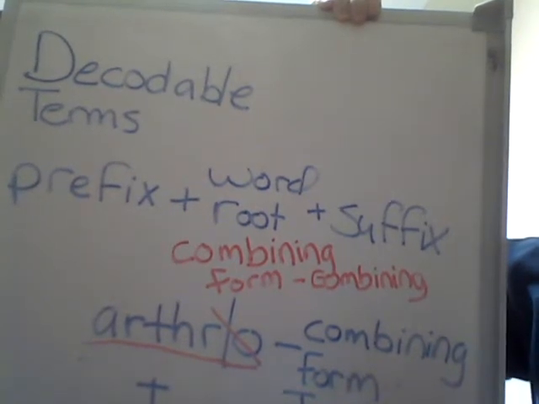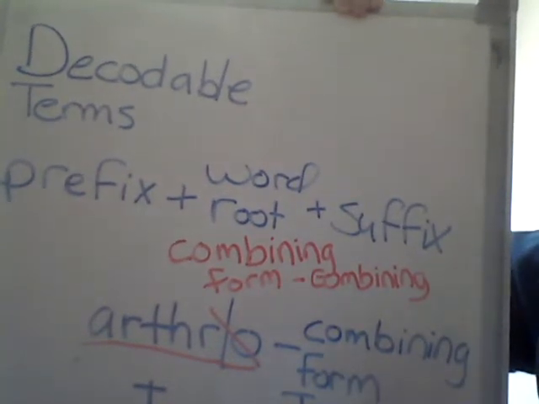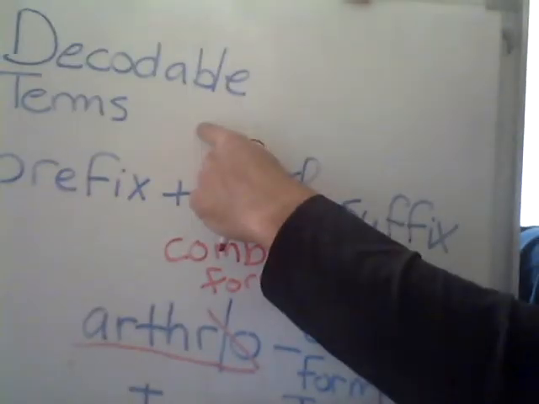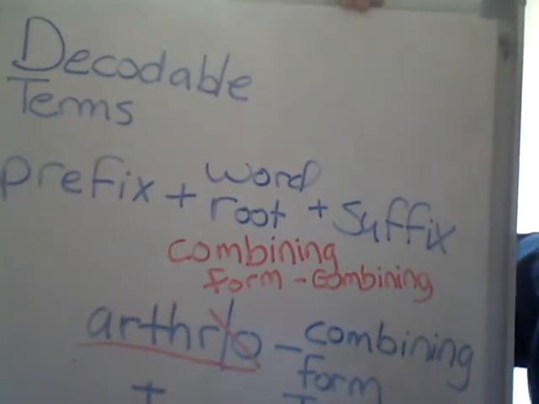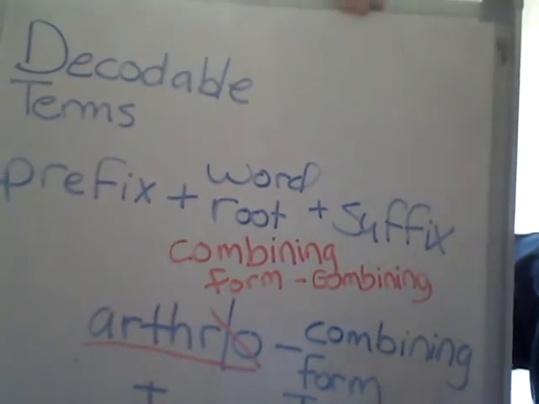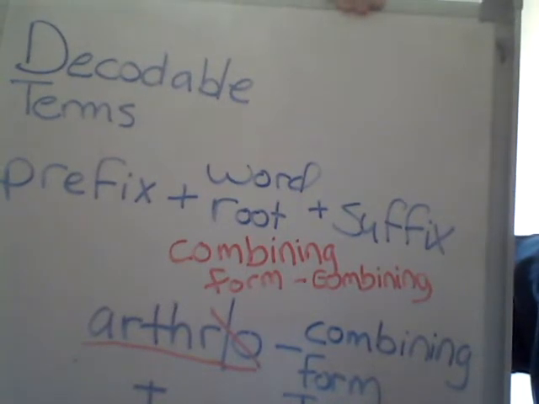Okay, there's not very many examples where there is just simply a combining form. Now, these again are called decodable terms, terms that we can break down. These terms, if we learn the basics, make up most of the terminology that we will encounter on a regular basis when we are unlocking medical terms that we encounter on a regular basis in the healthcare field.